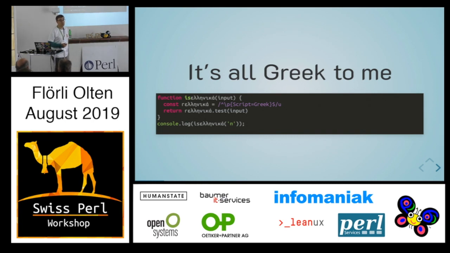So JavaScript is able to handle Unicode, but it's not the default. But still it can do it. It returns a test, and then you check if the letter P is in Greek, and you can do that. That's something many languages can do. JavaScript can do it, Python 3 can do it, and many others can.